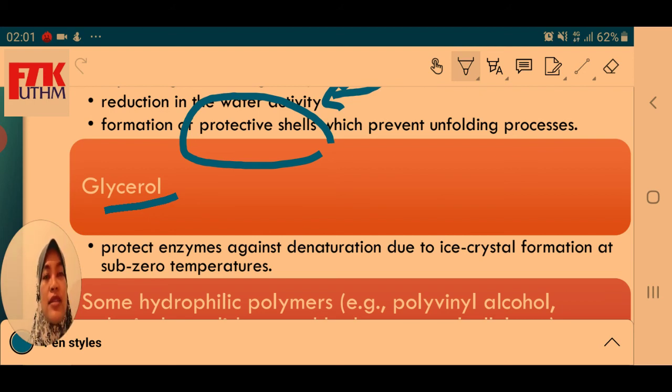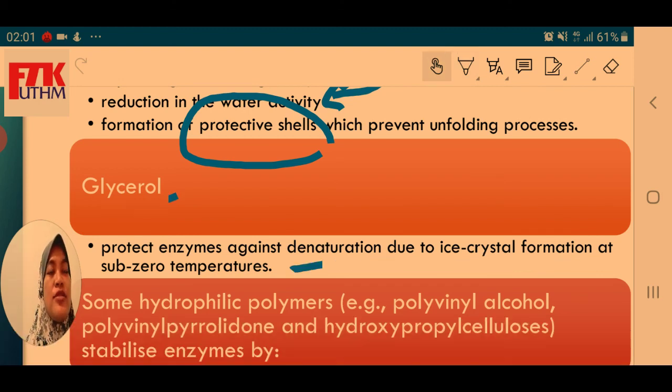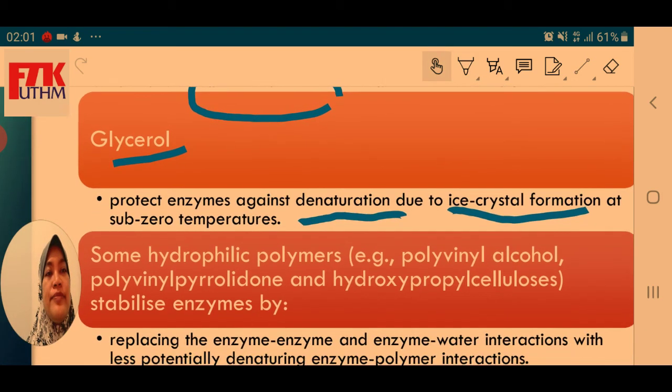So when you add glycerol within the enzyme solution, it will protect it from ice crystal formation, and thus the protein will not denature due to that. Ice crystal formation in the enzyme structure can destroy the enzyme conformation. So that's why we don't want that.